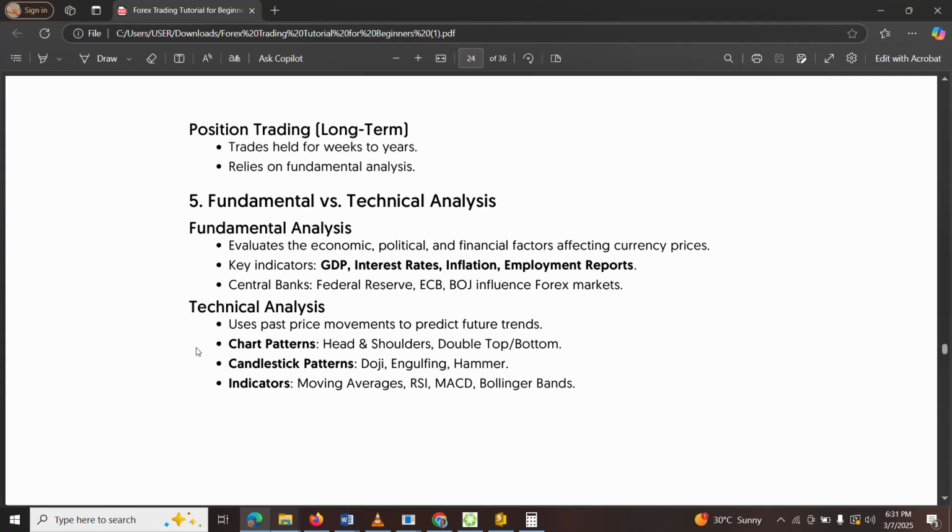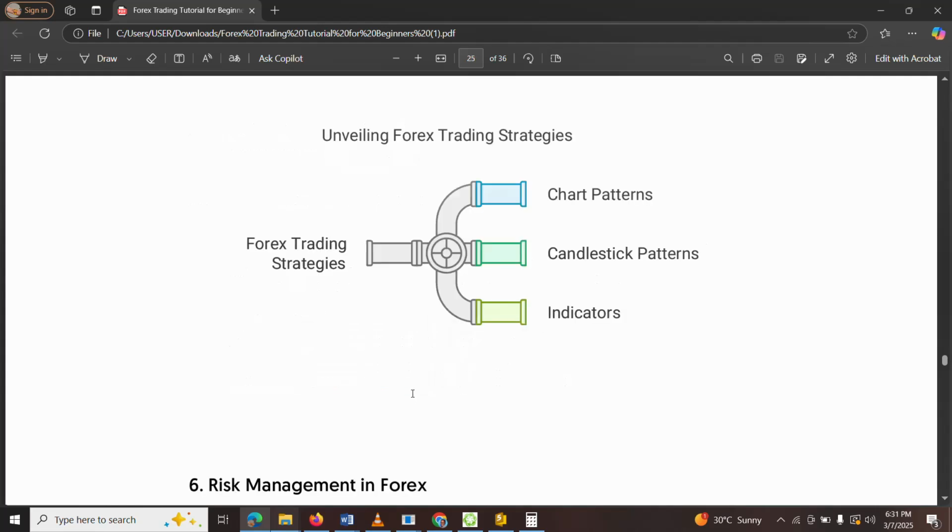You will be able to learn that as we move along. So then we have the indicators, the moving averages, the RSI, MACD, the Bollinger Bands, but mostly the ones that are used are the moving averages and the RSI. RSI is the relative strength index. You will be able to see that.